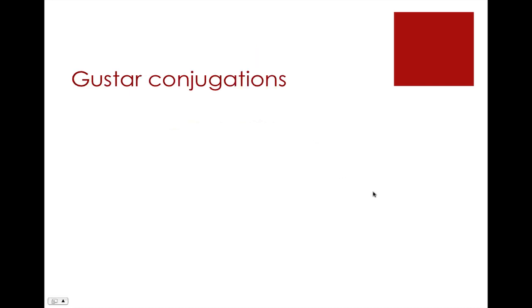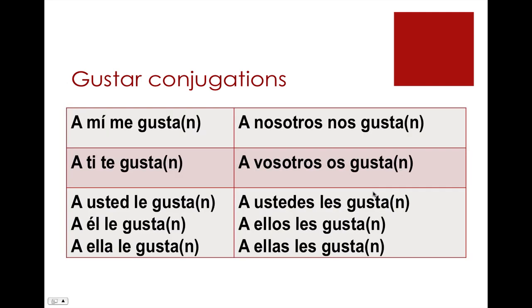Let's review the gustar conjugations. Please repeat after me. A mí me gusta. A mí me gustan. A ti te gusta. A ti te gustan. A usted le gusta. A usted le gustan. A él le gusta. A él le gustan. A ella le gusta.